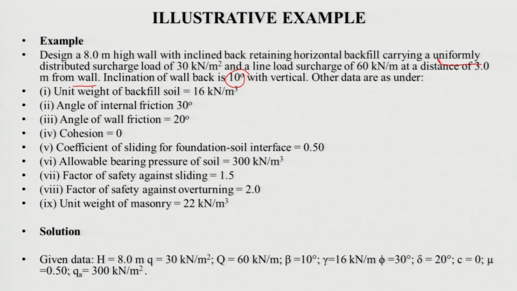The allowable bearing pressure of the soil is 300 kilonewton per square meter. The factor of safety against sliding is 1.5, factor of safety against overturning is 2, and unit weight of masonry 22 kilonewton per cubic meter. Now, come to the solution.